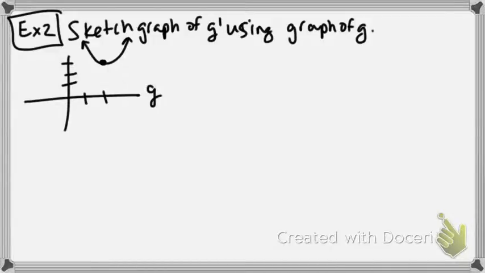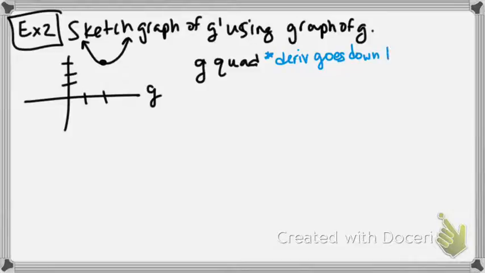So, let's look at g. G is a quadratic. And so we said for my derivative, put a little note here. The derivative goes down 1 degree each time.